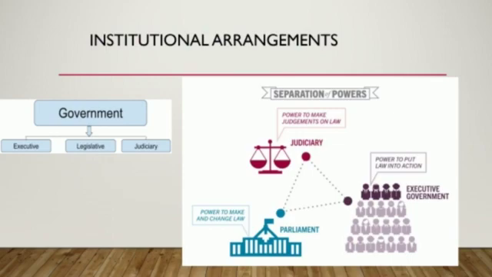And this debate led to the adoption of the parliamentary form and the federal arrangements, which would distribute governmental powers between the legislature and the executive on the one hand, and between the states and the central government on the other hand.